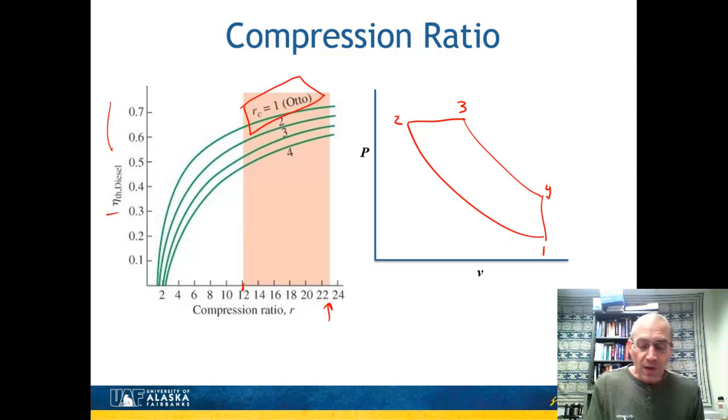Remember, the cutoff ratio, R sub C, is this volume over that volume. And as I move that point closer and closer to point 2, you realize I'm starting to approach the Otto cycle. And that's why this top line corresponds to the Otto cycle. But the decrease with cutoff ratio isn't all that much. And the fact that you have a cutoff ratio is simply the nature of the way that diesel engines are constructed.